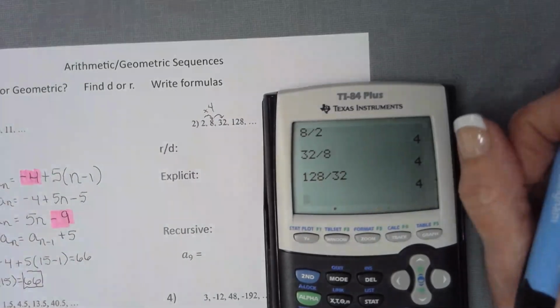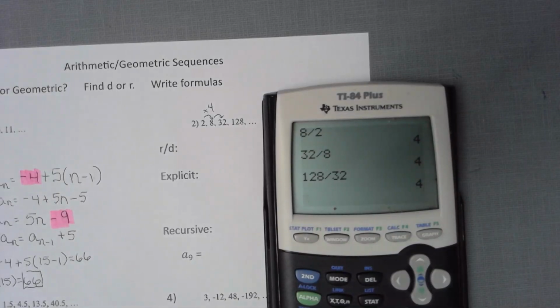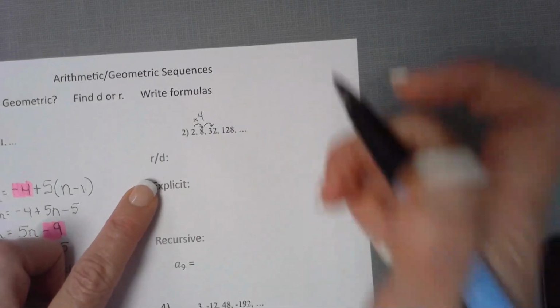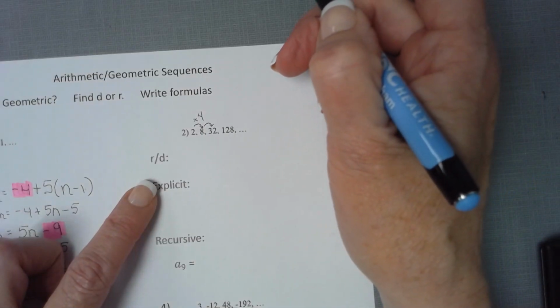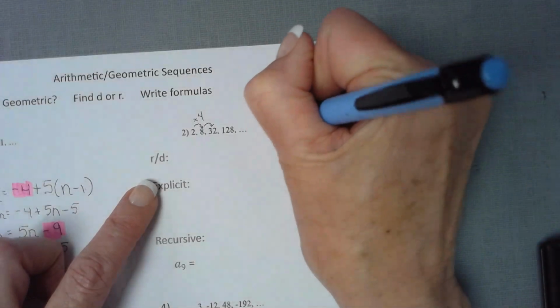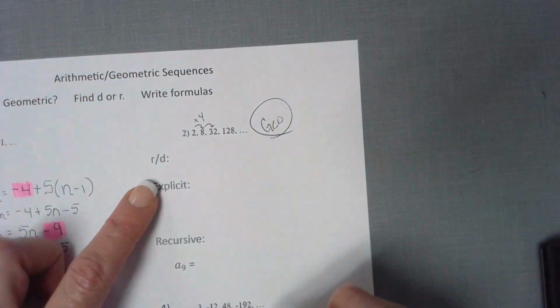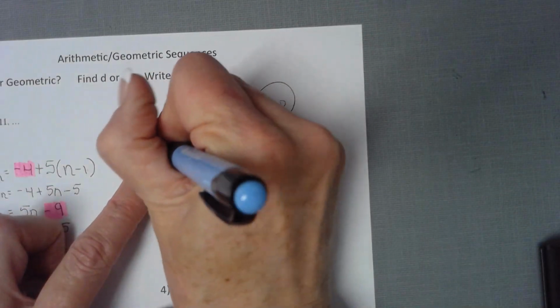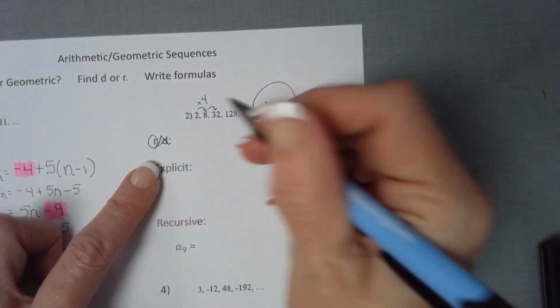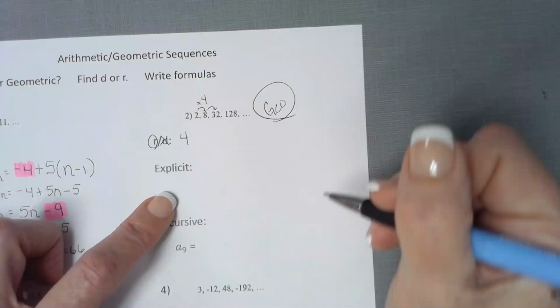I keep getting the same thing. That's why they call it a ratio, because ratio means dividing. So we're multiplying by 4. So, arithmetic or geometric? It is geometric. It does not have a D. It's got a common ratio, and that common ratio is 4.